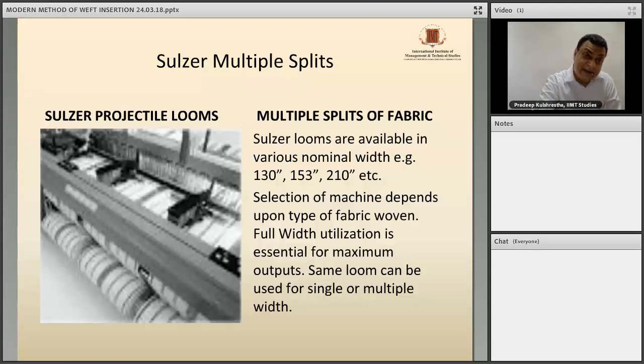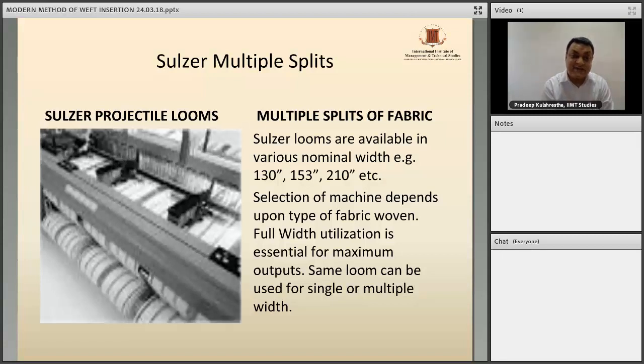Now, Sulzer multiple splits. See, there is a trend of splits in weaving, because within the same running time of the machine, we can make one width or several widths, subject to what fabric we have to make as well as the cost we can afford. There are machines available in 73 inches or 190 centimeter, then 130 inches, then 153 inches, then 210 inches, etc. For good utilization of the width, suppose on a 153 inch machine we make just 73 inch fabric, it's not economic.